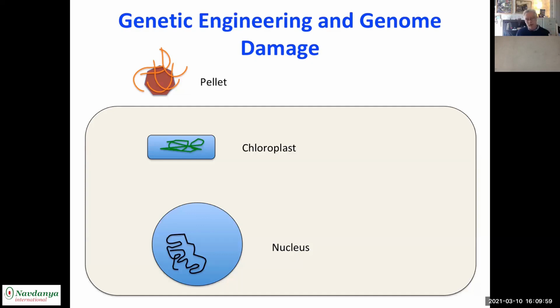We know this because if you don't damage the DNA, then there's no reason for the cell to take up the DNA introduced in the pellet. So you've got this very damaging process of shooting DNA in pellets into the nucleus that also results in major genetic damage. This isn't the only method of doing it, but it is the most popular one. I'm just focusing on that really as an example.